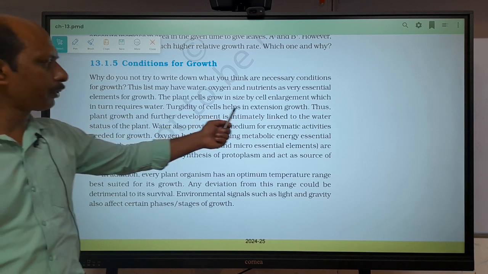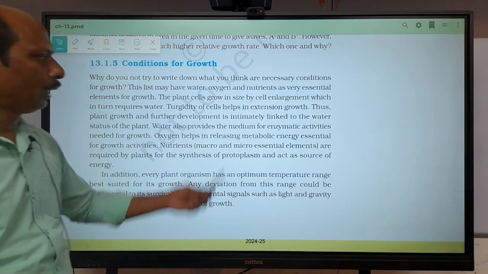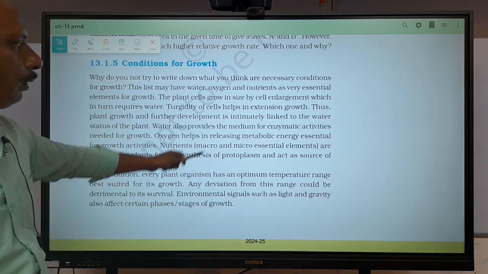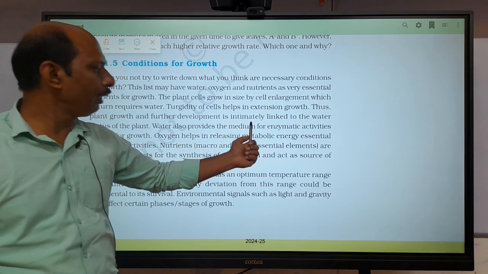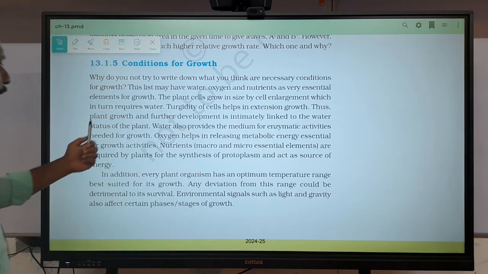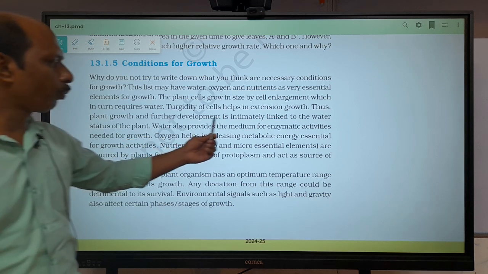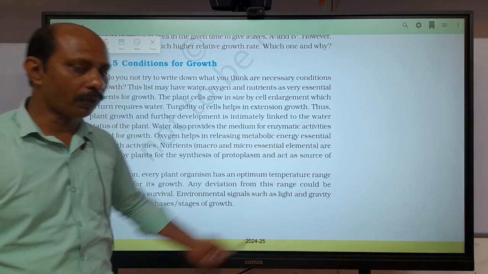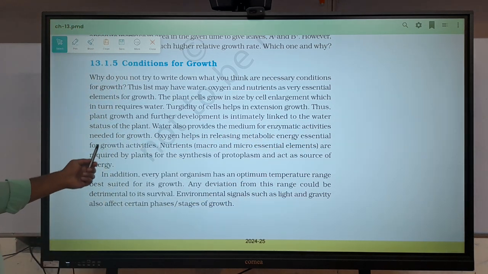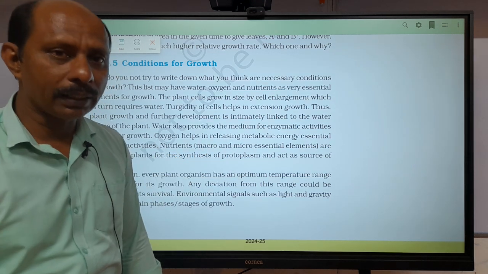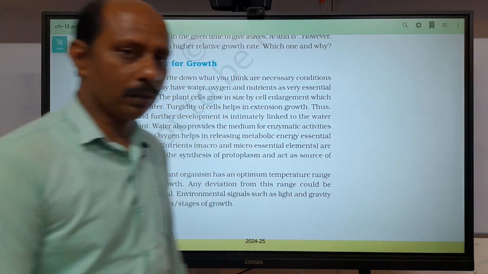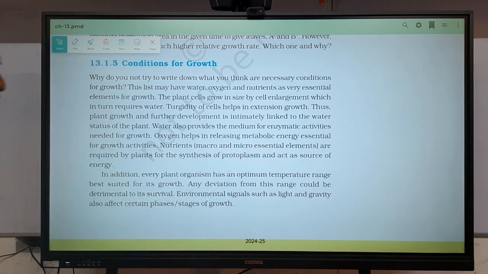Turgidity of cells helps in extension growth, otherwise leaves get curling. Thus, plant growth and further development is intimately linked to the water status of the plant. Water also provides the medium for enzymatic activities, which is very essential for growth. And oxygen helps in releasing metabolic energy, that is Krebs cycle, aerobic respiration for energy, right?